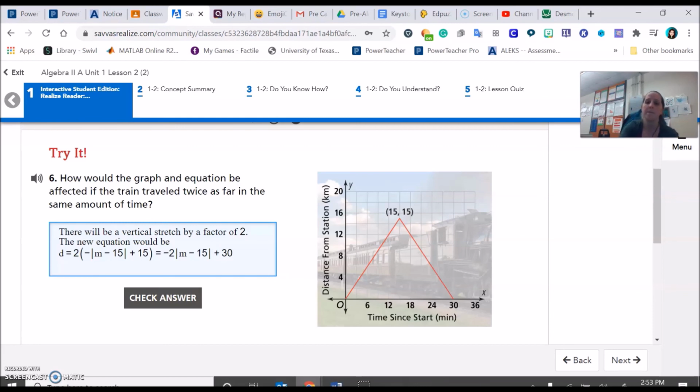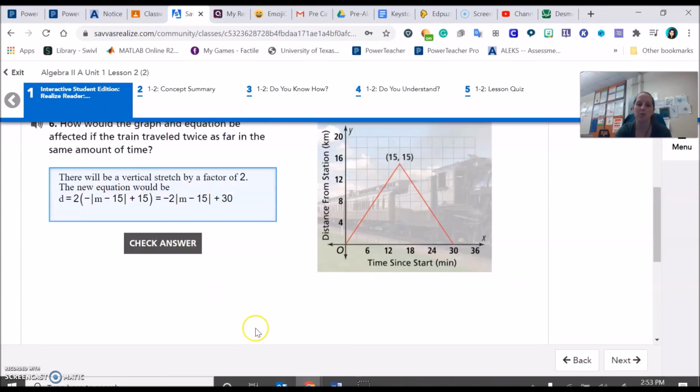Okay. So again, the time didn't change. That 15 is still the same, but I doubled my distance. So I go from (15, 15) to (15, 30). That's where I got that 30 from. And then this 2 is going to tell me that it's going to stretch.